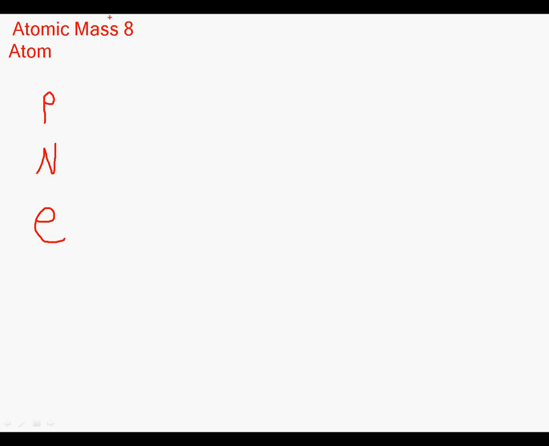Well, let's analyze this again. Atomic mass, which is 8, is equal to protons plus neutrons. And when we're dealing with an atom, we know protons are equal to neutrons are equal to electrons. I didn't say an isotope or an ion. This is normal. So essentially, this is a simple matter of everything being 4, 4, 4.